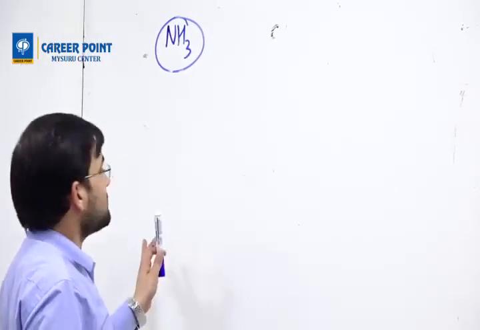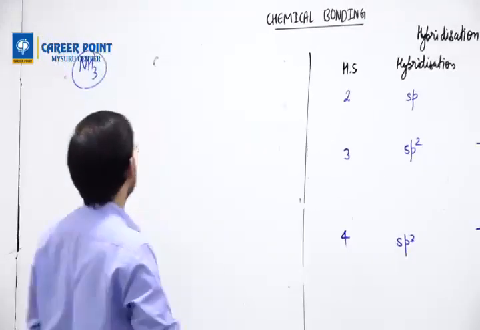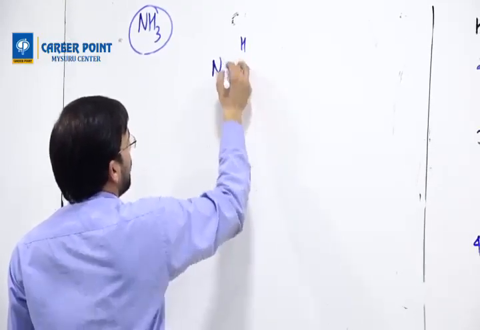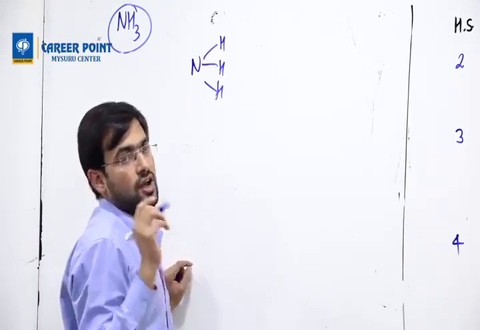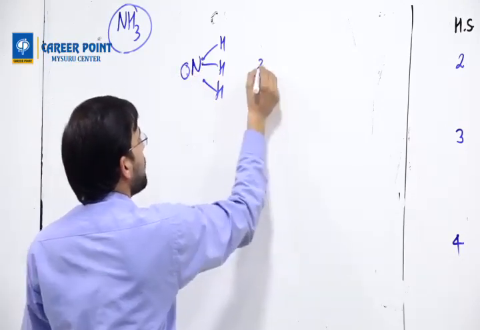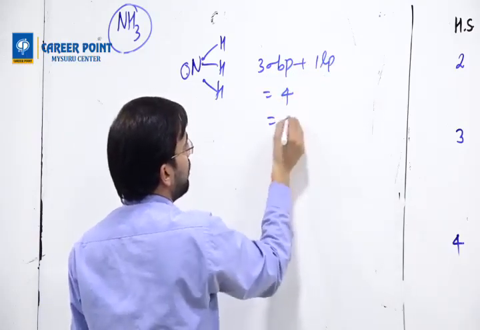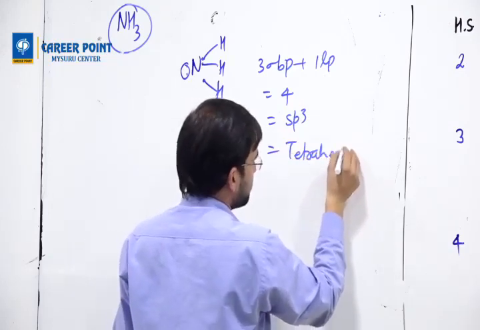Now in this case, if you don't know the structure also, with the help of this table we can get the answer. So nitrogen, 3 hydrogen, 1, 2, 3. Nitrogen valence electron are 5. So 1, 2, 3, 4, 5. So I can say 3 sigma bond pair plus 1 lone pair, total value 4. 4 gets you sp3, sp3 gets you tetrahedral.